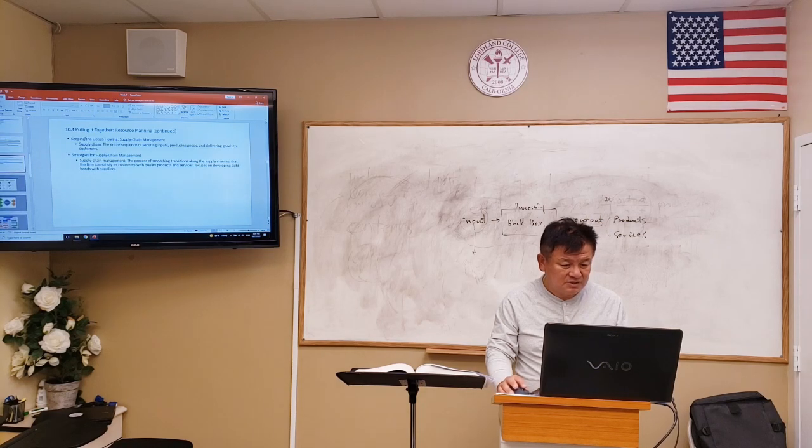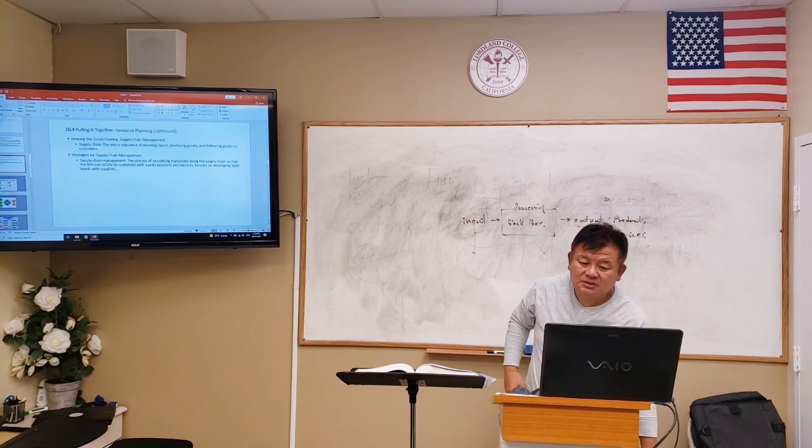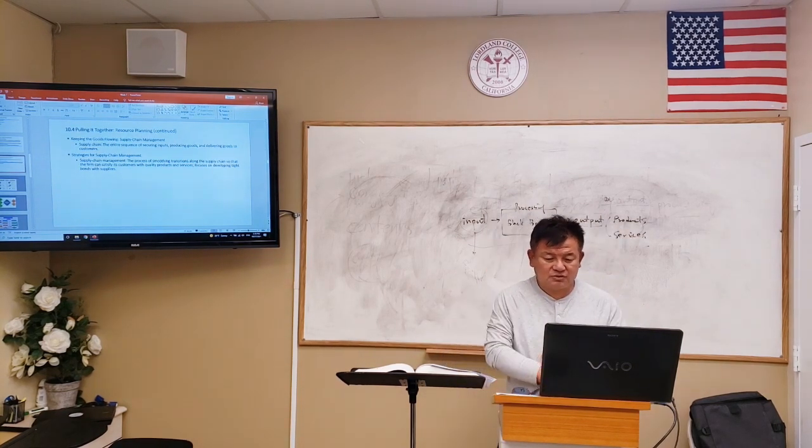And let's continue with 10.4, pulling it together. What's the meaning? Keeping the goods flowing means supply chain management. Supply chain is a very powerful tool in resources planning: the entire sequence of securing inputs, producing goods, and delivering goods to customers. This is the supply chain. So how to make the strategies for supply chain management?